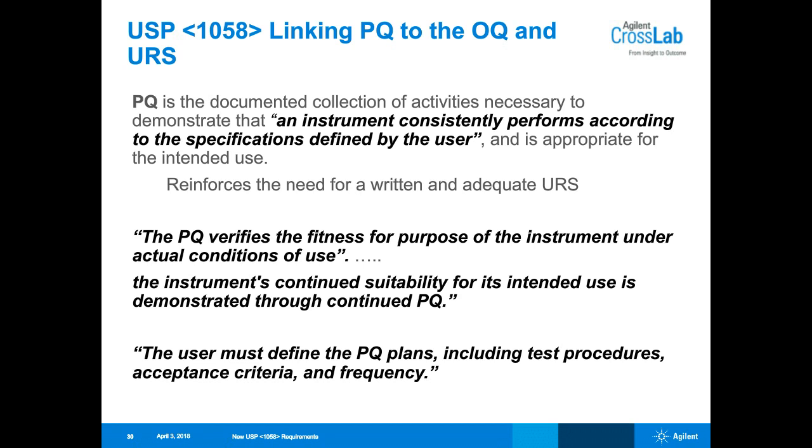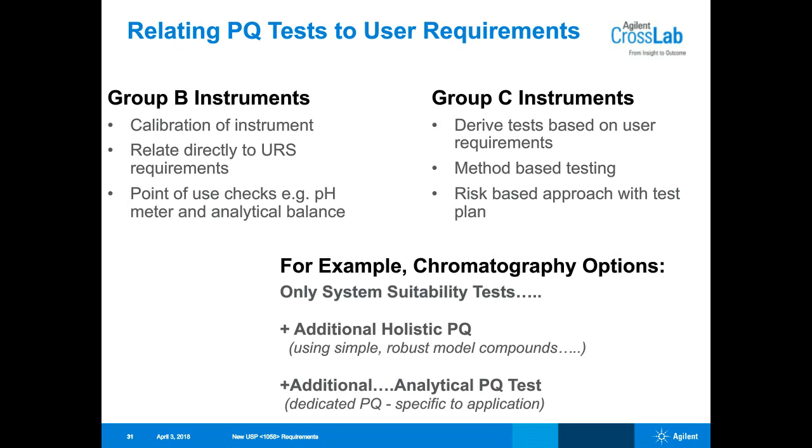Now, we can have a look in this next slide around Group B instruments and Group C instruments. Now, Group B instruments, simple equipment such as balances, pH meters, pipettes, you can relate through calibration and ongoing checks, you can relate directly back to the URS requirements.